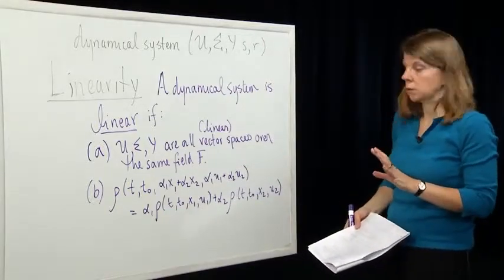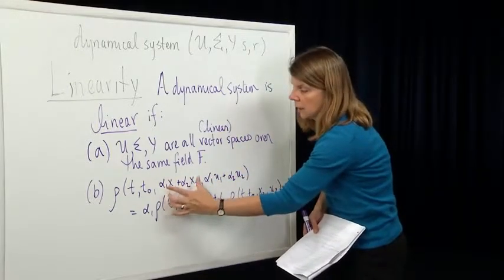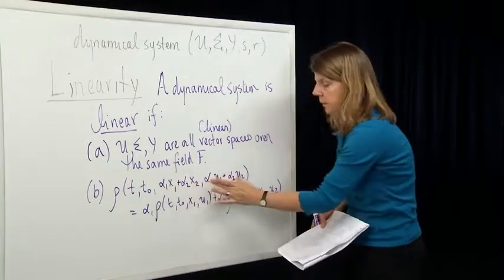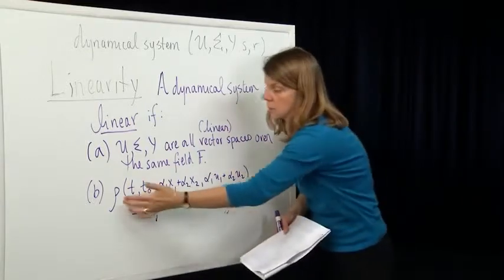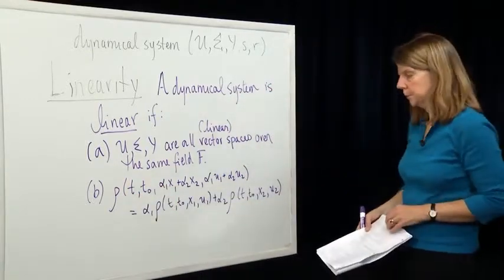The other important thing to remark here is that linearity is defined in terms of linearity in these two arguments, so in the state space and in the input space. And the third thing to note is that linearity is defined in terms of the response function.